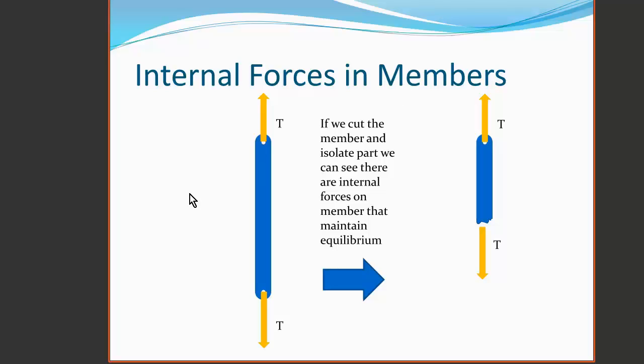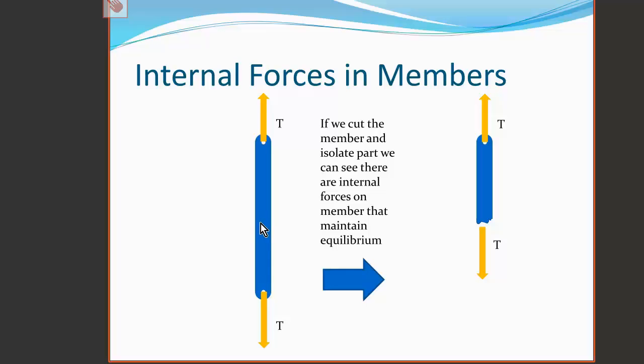To understand what an internal force is, let's have a look at the member shown in blue. It is under the action of equal and opposite forces at its ends. It is thus in static equilibrium. Every part of this object is in static equilibrium. Now we must think, what is keeping the upper part of the tie in equilibrium?